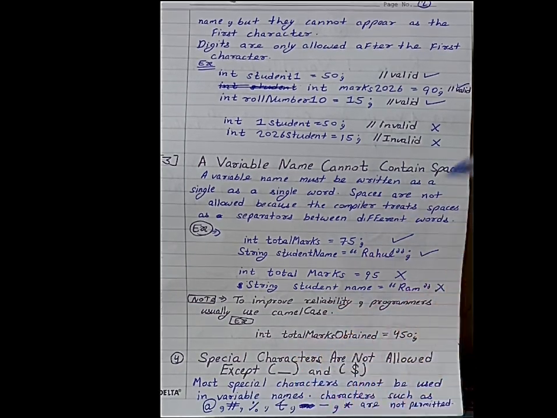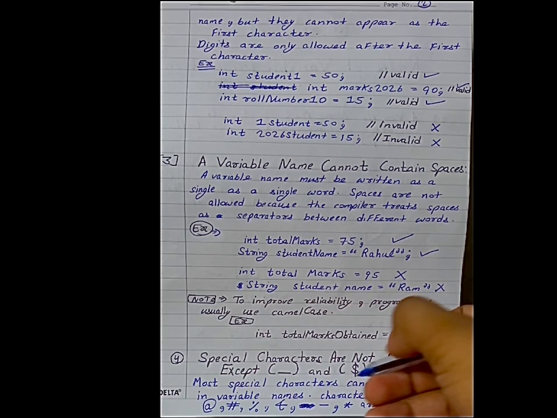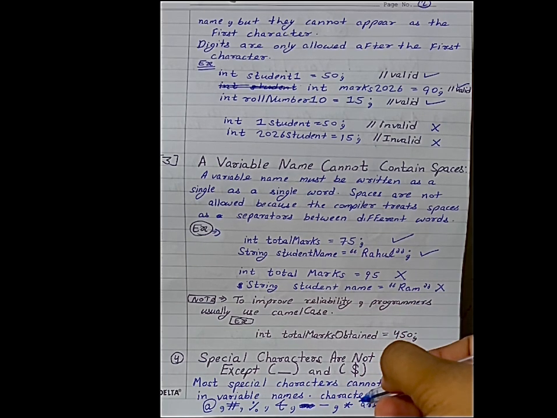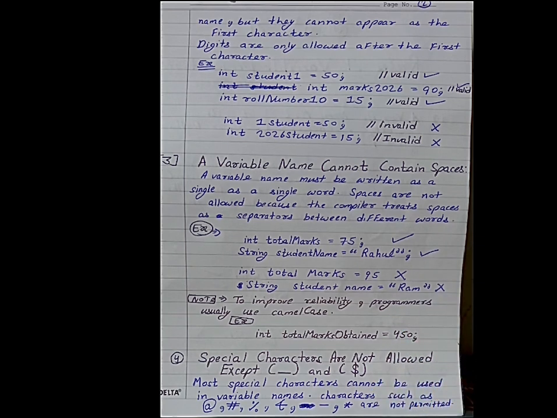Most special characters cannot be used in variable names, such as at the rate, hash, percent, this symbol and this also. They are not permitted. Only underscore and dollar sign can be used here. Let's see its example.